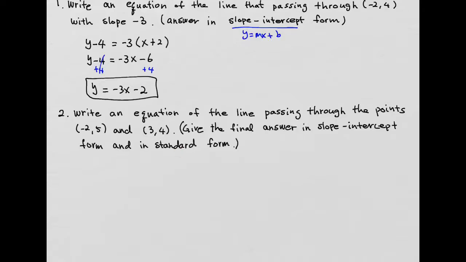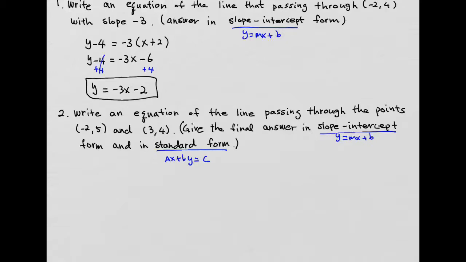We know that slope-intercept form is y equals mx plus b. And standard form is Ax plus By equals C, right? The reason I use the capital A is because they want the first number to be positive, right?